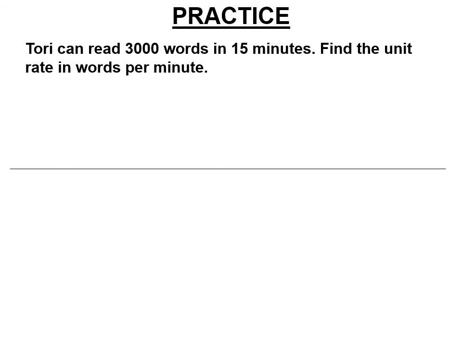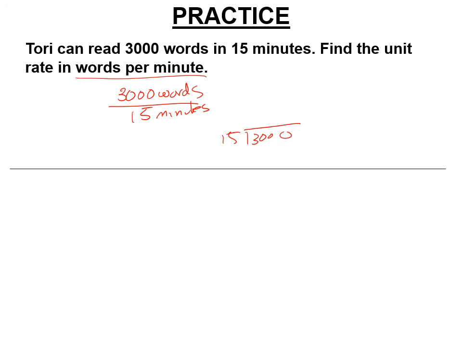Tori can read 3,000 words in 15 minutes. So words per minute. That's what we're going to do, 15 minutes. Right, words per minute. It's not minutes per word, it's words per minute. And so then we're going to do 15 into 30, goes twice. The 2 goes above that very first 0.